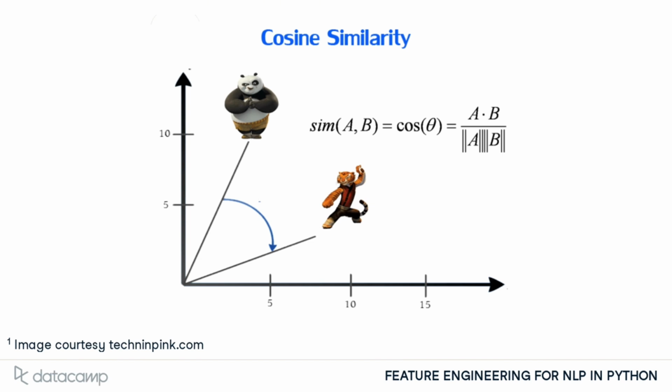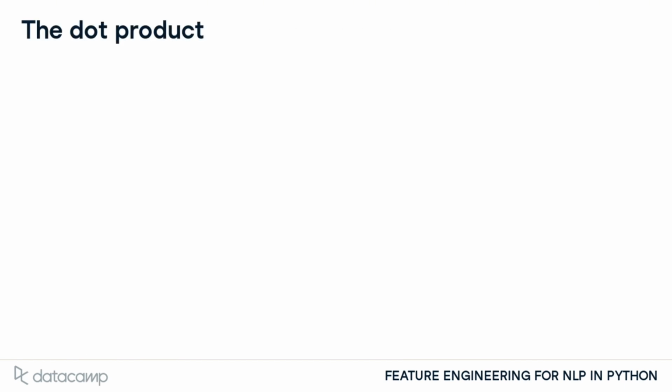Mathematically, it is the ratio of the dot product of the vectors and the product of the magnitude of the two vectors. Let's walk through what this formula really means. The dot product is computed by summing the product of values across corresponding dimensions of the vectors. Let's say we have two n-dimensional vectors v and w as shown.